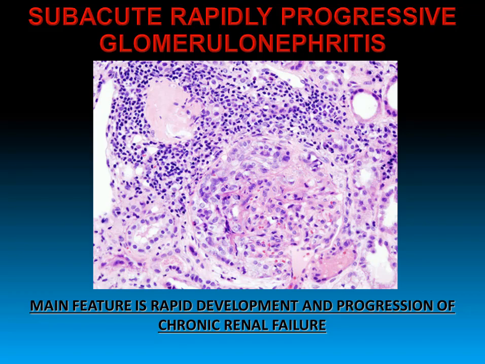Duration of disease is from 6 months to 1.5 years. Etiological factors are post-infections, like in acute glomerulonephritis, mostly due to beta-hemolytic Streptococcus group A, systemic diseases of connective tissue, or most often the idiopathic variant, so we cannot determine clearly the etiology of the disease.